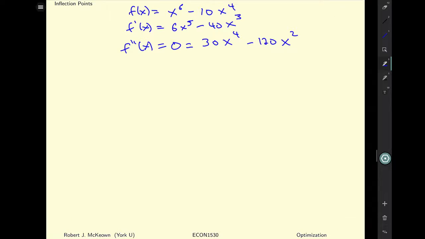First thing I want to do is simplify this as much as possible. So I'm going to factor out a 30 x squared, and I'm going to be left with x squared minus 4.